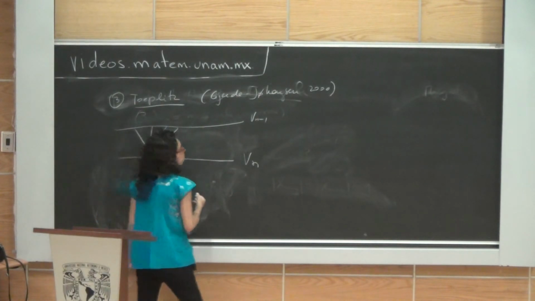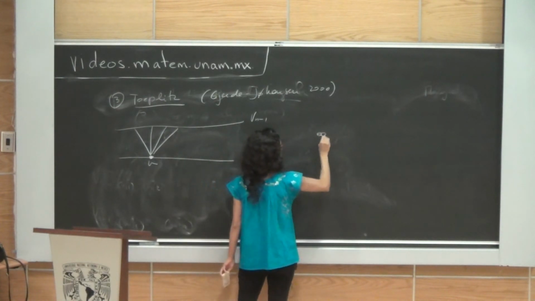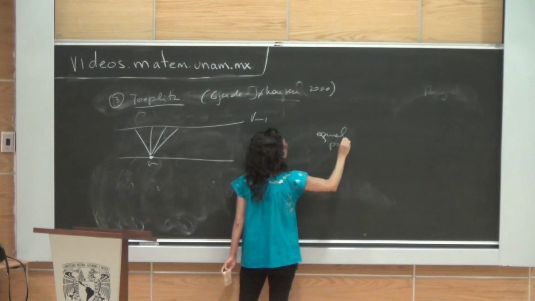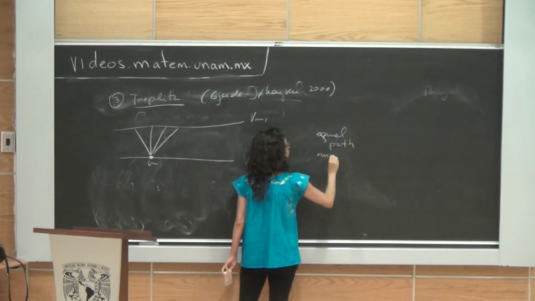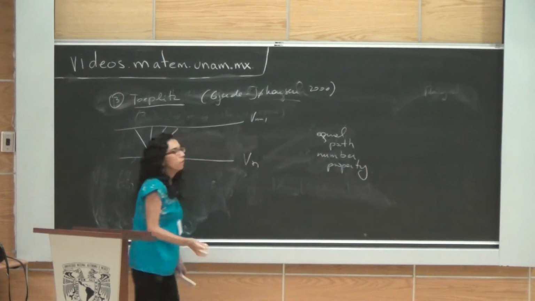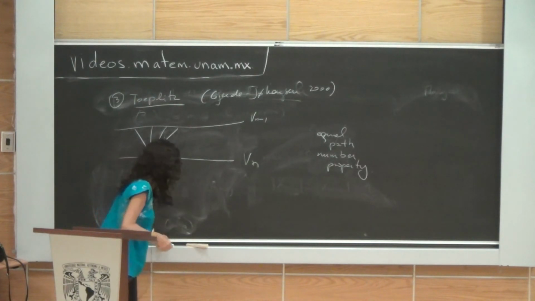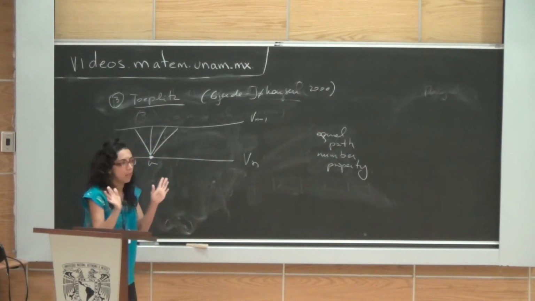This is called the equal path number property. And for many minimal Cantor systems, you can find some special Bratteli diagrams. Okay, that's all.